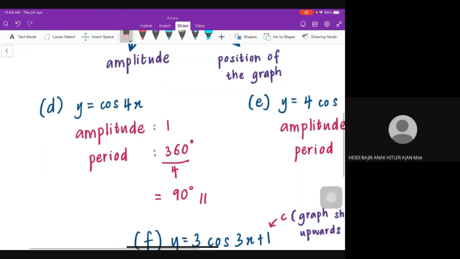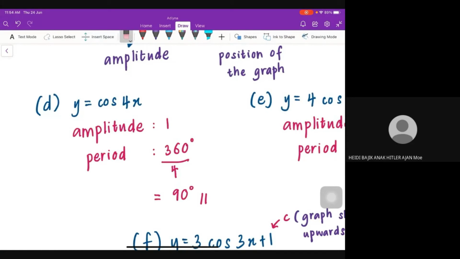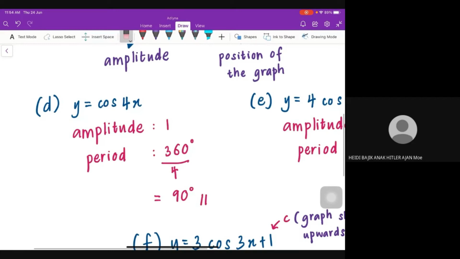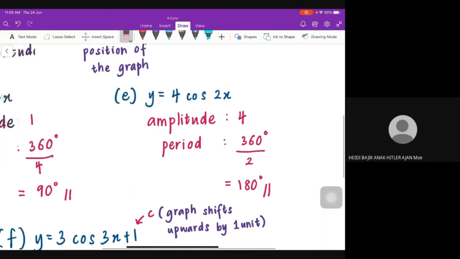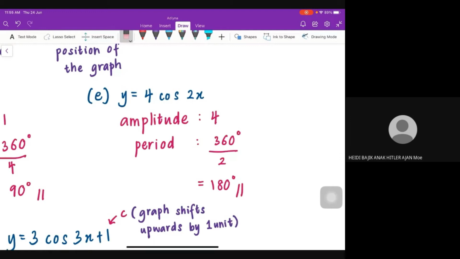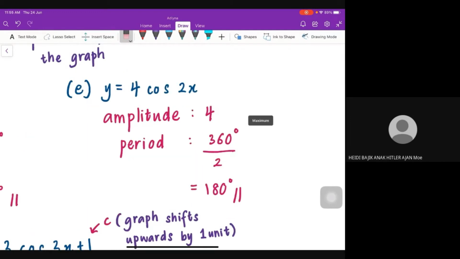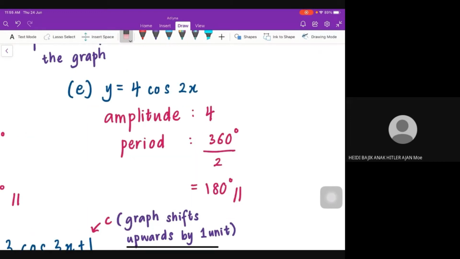Now I'm going to question D. Based on the general formula, we know that the amplitude is 1 and the period is 360 degrees divided by 4, which is 90 degrees. For E, y equals 4 cos 2x. The amplitude is 4 and the period is 360 degrees divided by 2, which is 180 degrees.